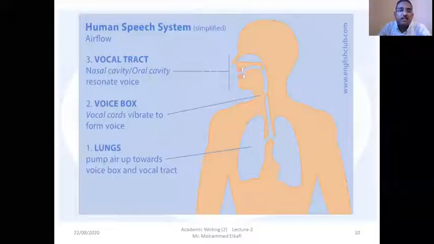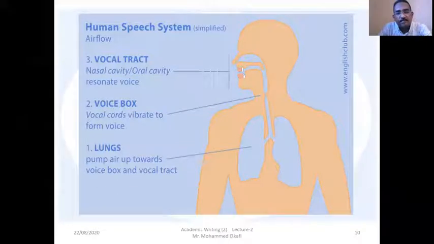Okay, let's see the human speech system. As you see here, we have three parts of the human body. We have the lungs, and we have the vocal cords, which are found in the voice box.